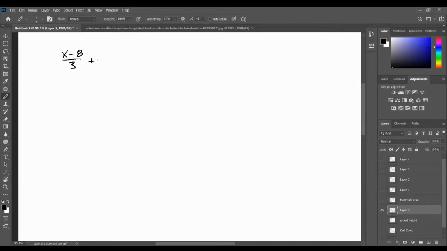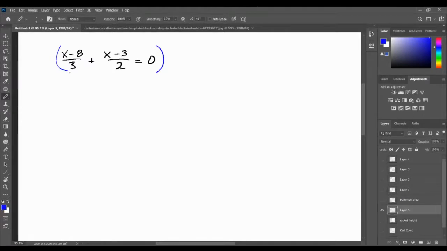If I somehow make an equation out of that, now I've got a rational equation. One of the easiest ways to solve one of these is to clear the fraction. And so if we multiply everything by a common denominator, we can clear that fraction.